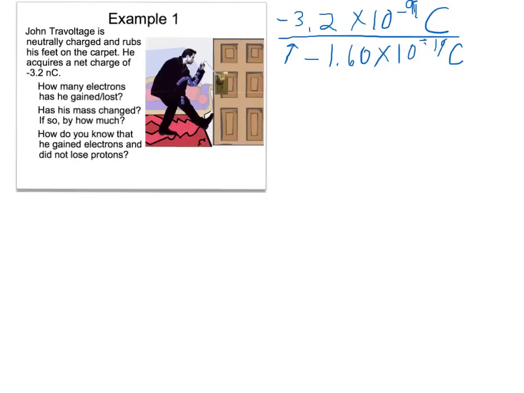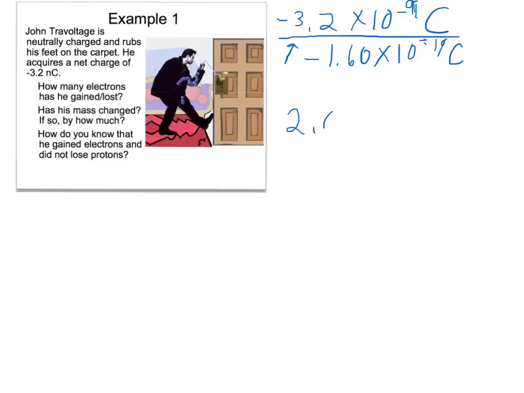All right, well, this looks like it's going to be fairly simple to me. 3.2 divided by 1.6 is 2. And then since our exponents are divided, we should subtract them, but a negative minus a negative, negative 9 minus negative 19 is the same as negative 9 plus 19.